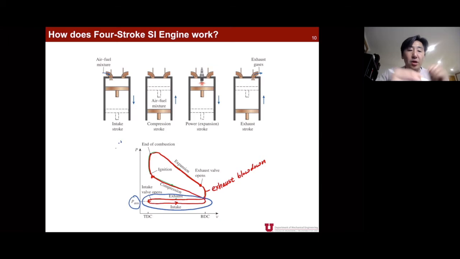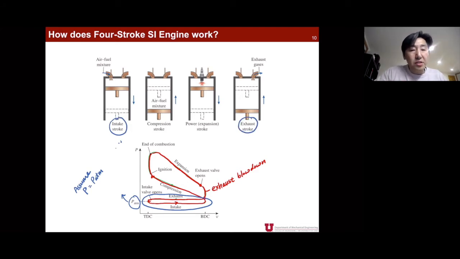Okay. So we assume that P is constant at P ATM during this intake process and exhaust process.